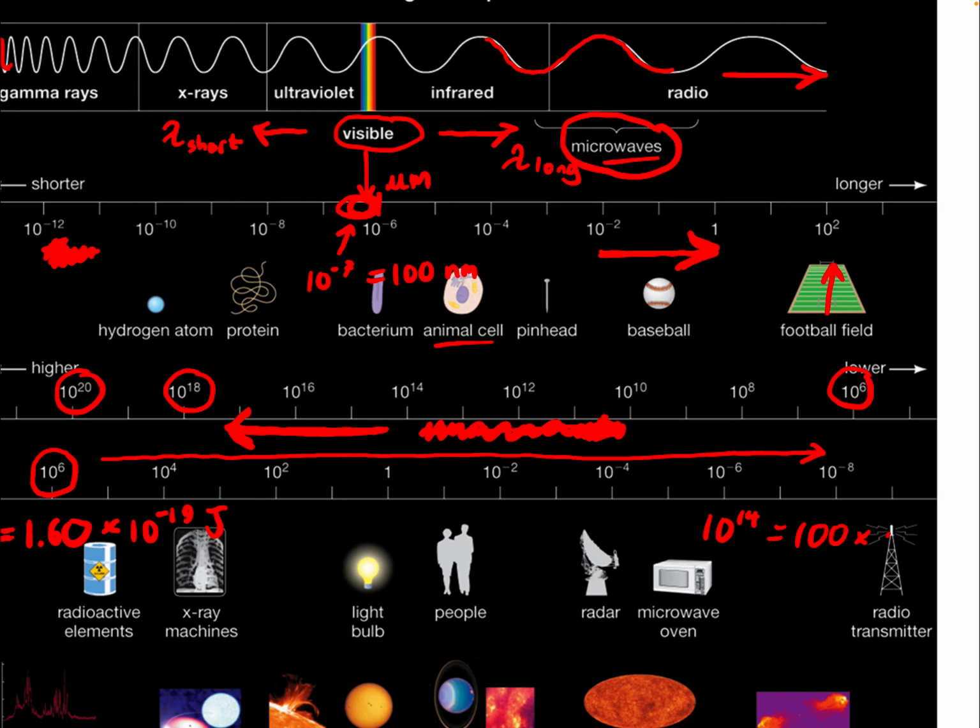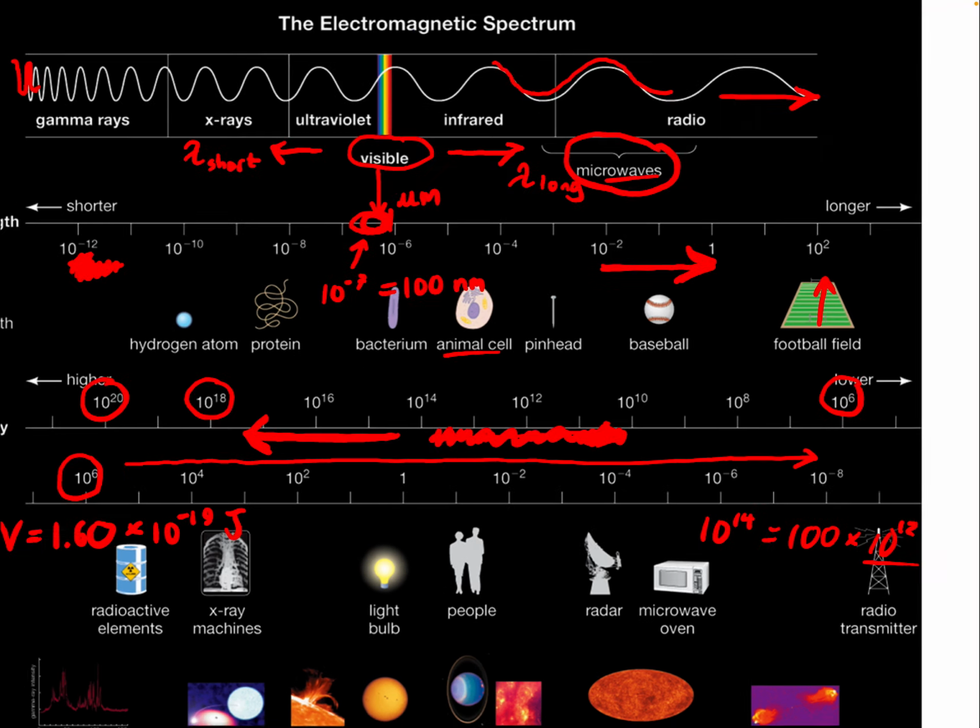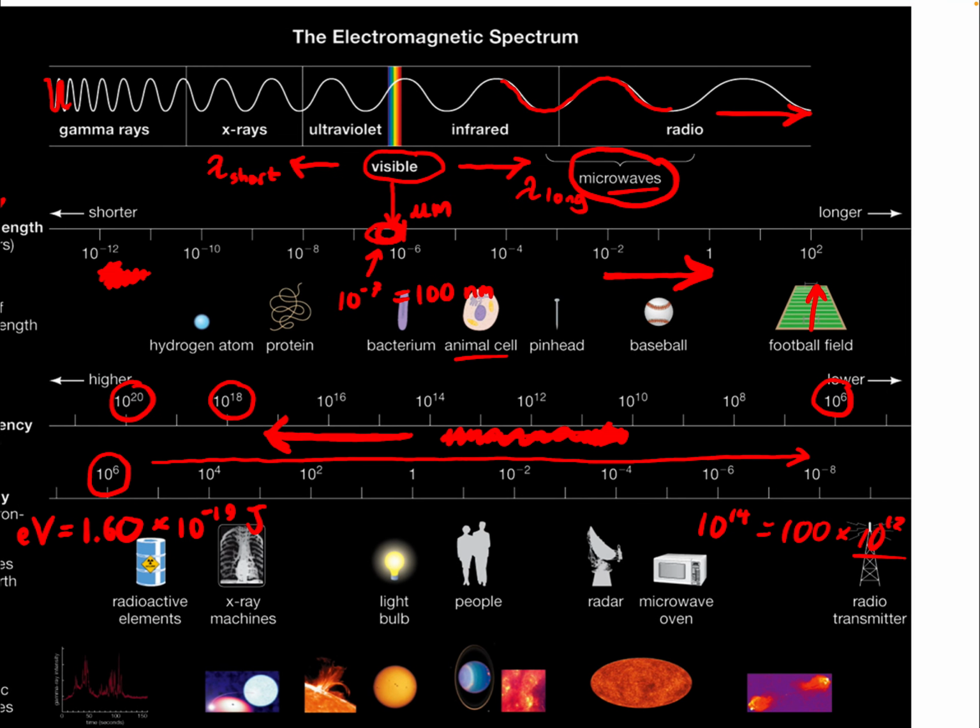So 100 times 10 to the 12, 10 to the 12 being a trillion. So again, gamma rays carry 100 trillion times more energy than radio waves. All right, so there's really high energy light out there, like gamma rays, and then on the other end, dramatically less energy carried in radio waves, those long waves.